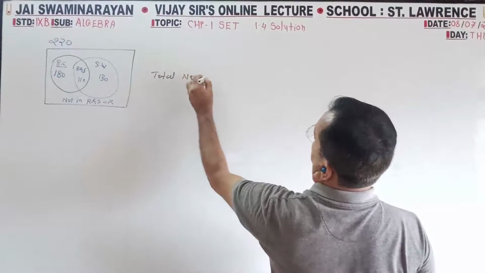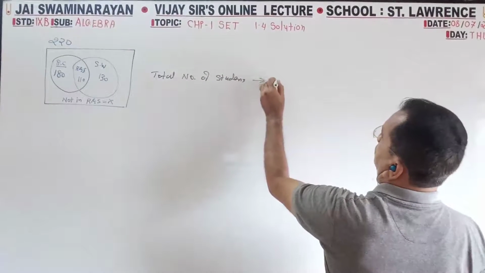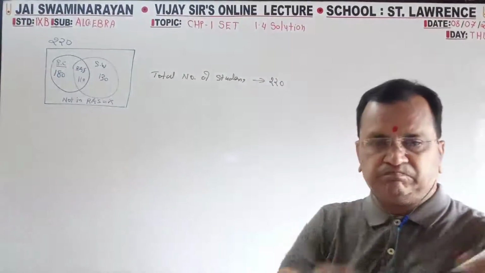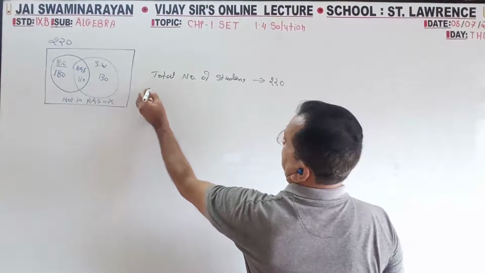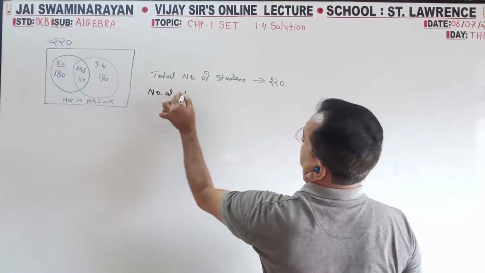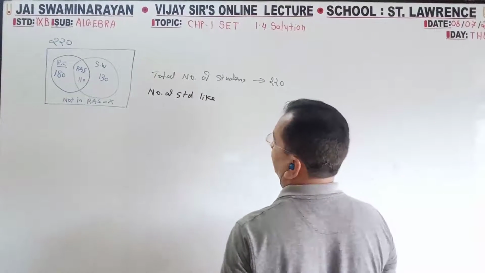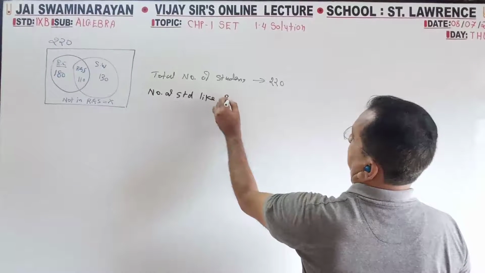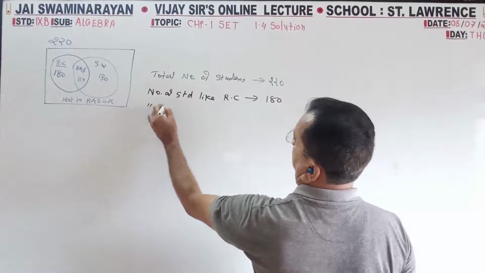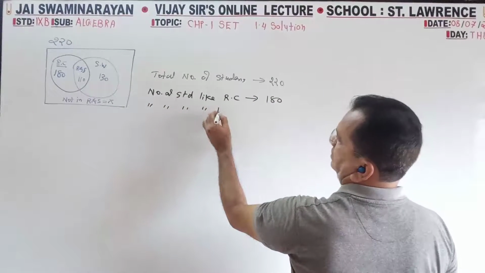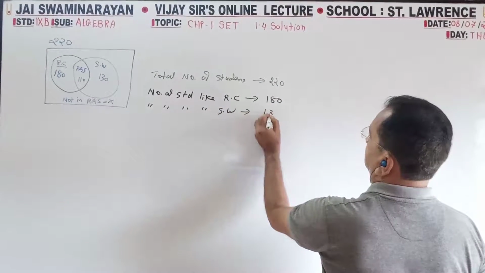Total number of students 220. Number of students who like rock climbing, that is 180. Number of students who like sky watching, 130.